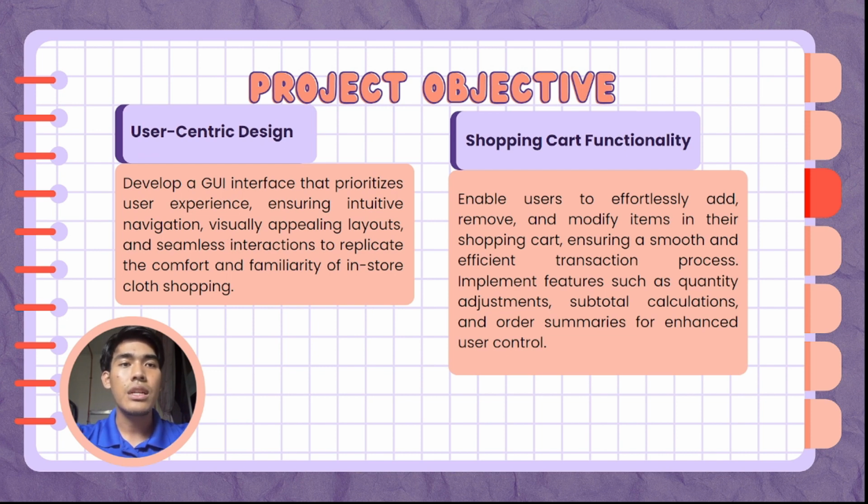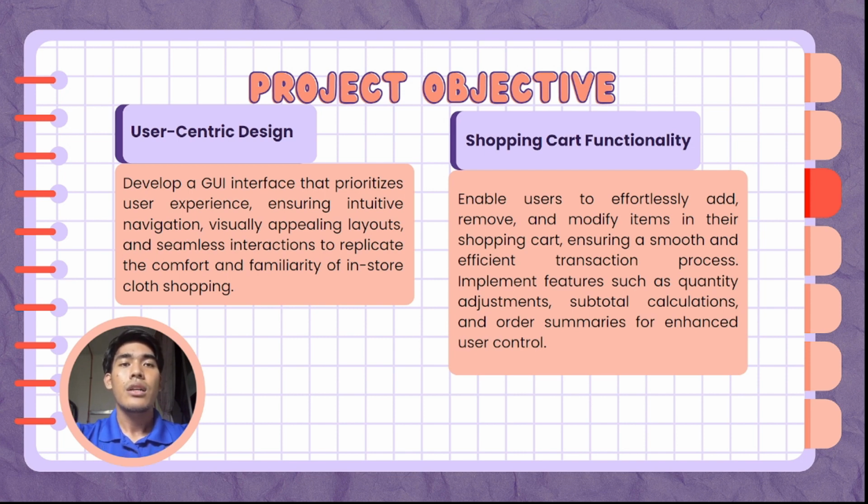Our design strategy revolves around creating an interface that not only guides users effortlessly through their visual shopping journey, but also engages them visually, ensuring a delightful and user-friendly experience. The result is an online platform that not only meets but exceeds expectations of in-store clothes shopping, bringing convenience and style to the fingertips of our users.